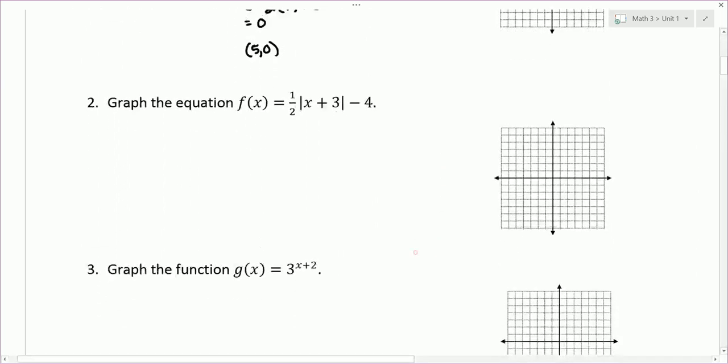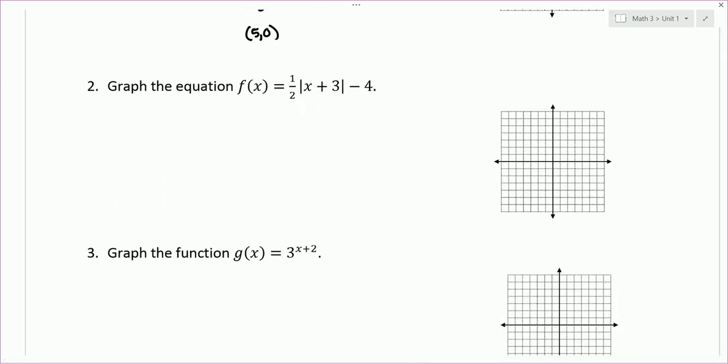All right, number 2. We have another equation that we're going to graph. Here we have the absolute value sign, so this is going to look like a V shape. Again, the parent graph of the absolute value has a vertex at 0, 0. This is a translation of that.